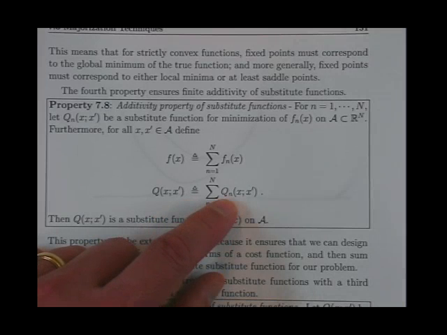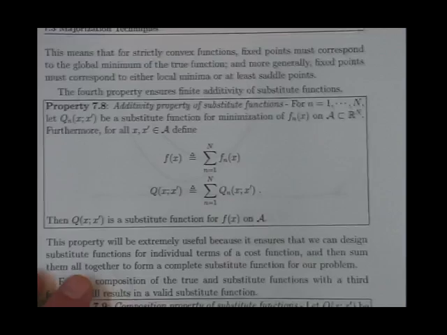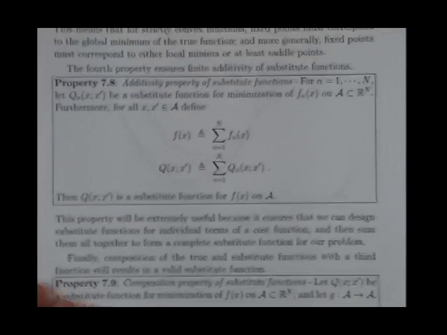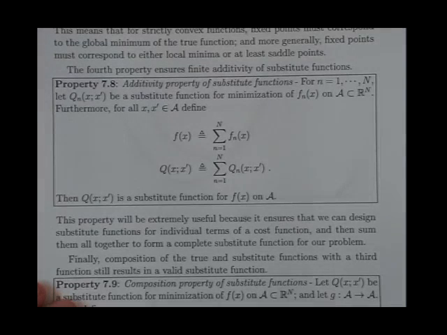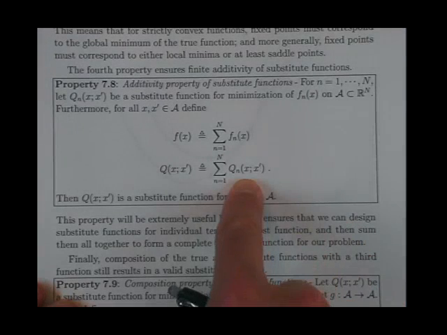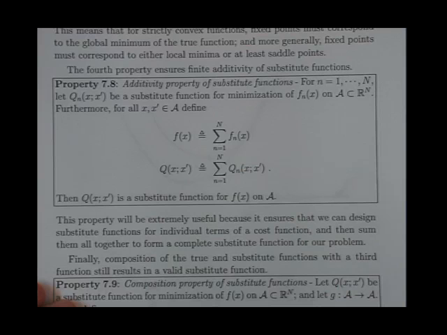The substitute function of the sum is the sum of the substitute functions. I think that's actually the correct statement I said there. Oh, it mostly just sounded good. Okay, so all right, that's very useful because what we're going to do is find a substitute function for each one of these little potential functions, and we're going to substitute it in for all of them, so we'll have a substitute function for the whole thing.